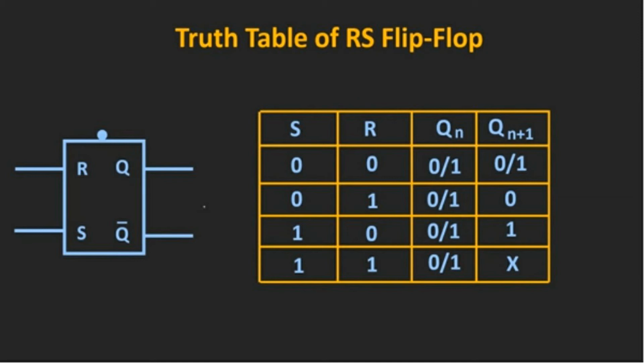When S equal to 1, R equal to 0, in such a condition the present output is equal to 1. When S equal to 1, R equal to 1 are given, in this case the output is forbidden. It is the invalid output.